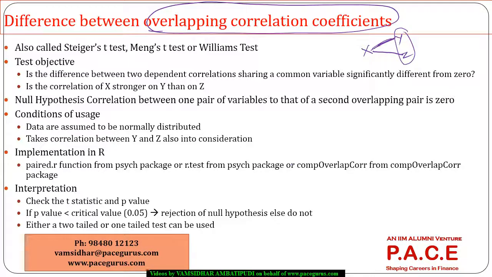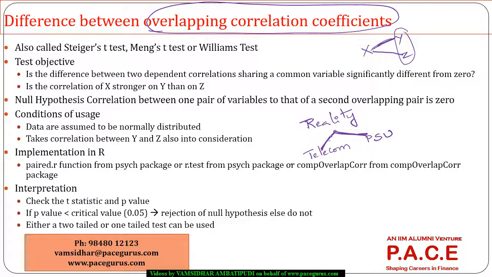So for the question, I want to say, is the reality sector strongly correlated with the telecom sector, or is it strongly correlated with the PSU sector? So this is what I want to understand. Reality versus telecom, reality versus PSU.